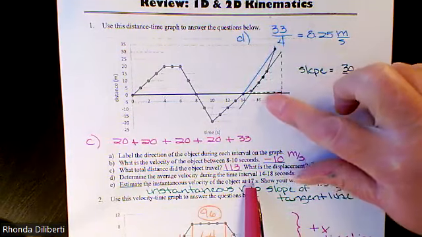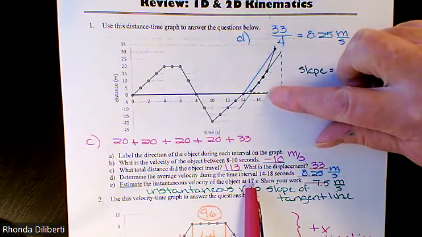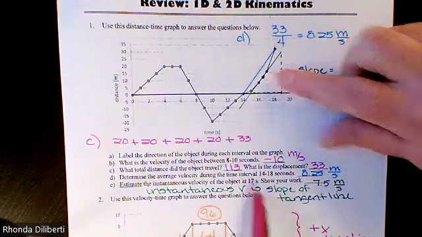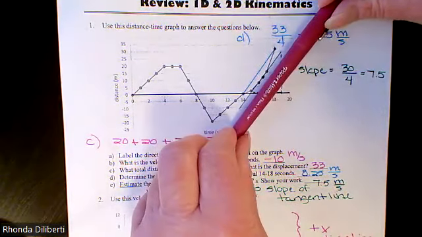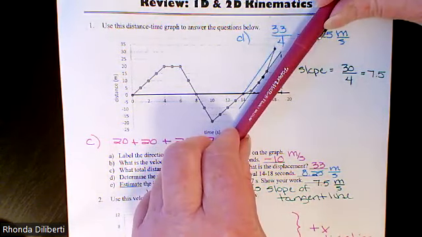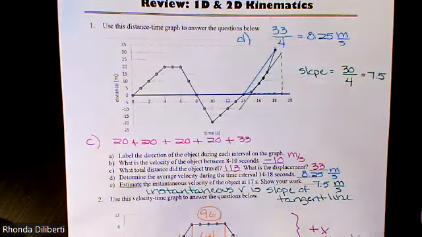So at 17 seconds, in the middle of here, I have to draw a tangent line. And that tangent touches the curve at only one point, that point being at 17 seconds.